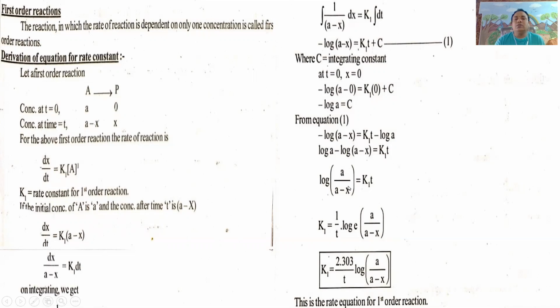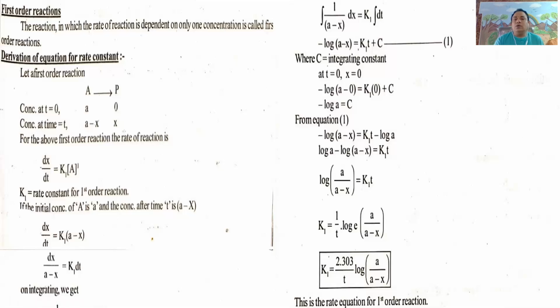K1 t equals log a by a minus x. Then K1 equals 1 by t into log to the base e of a by a minus x, that becomes K1 equals 2.303 by t into log a by a minus x, which is called the first order rate constant equation.